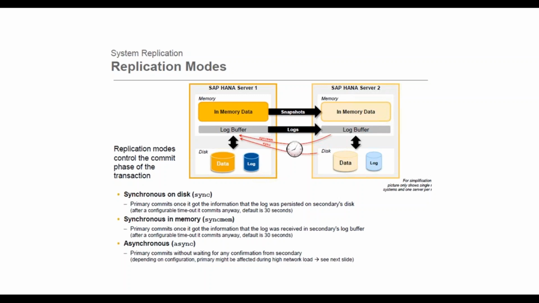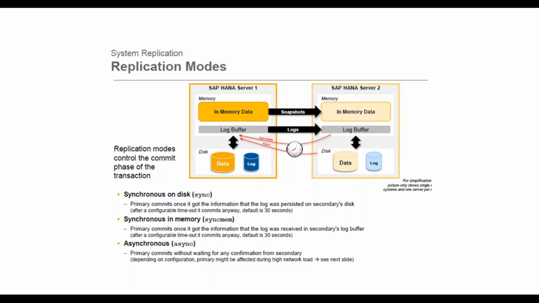And in the secondary, once data is written into the log buffer, an acknowledgement comes immediately from the secondary system and your transaction is completed here. Meaning it is not waiting until the data is written into the log segment of the secondary. So that time you are saving. That's how your transaction performance definitely improves comparatively, compared with the synchronous option.